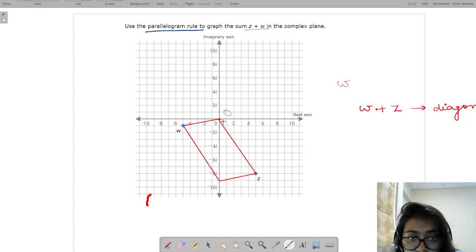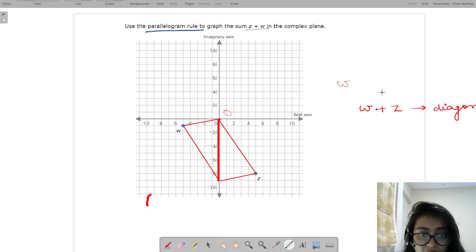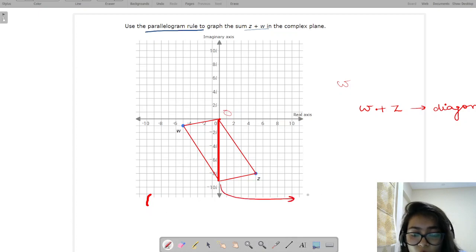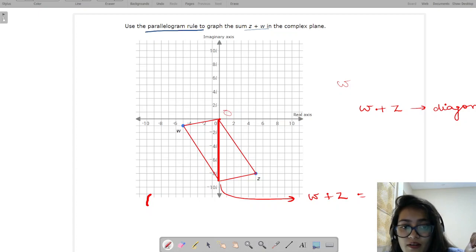So take the origin. This is the diagonal, and this point is your w plus z, and this point is the complex number -9i.